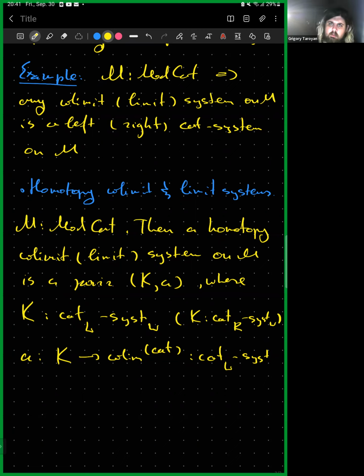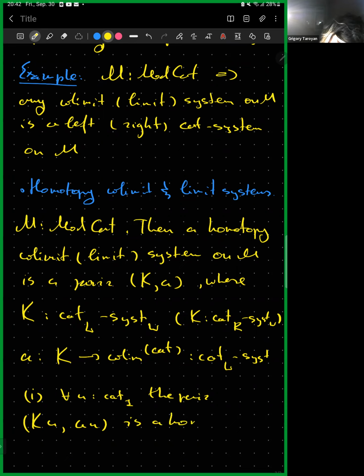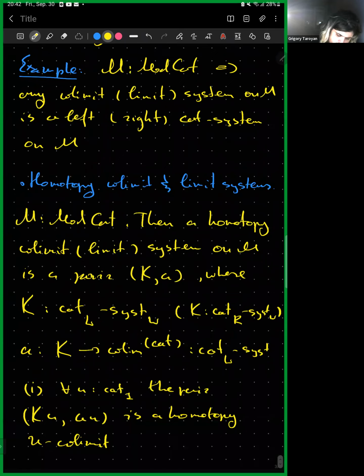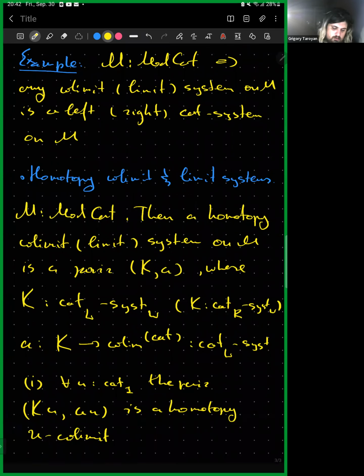Okay, and what are the conditions on this pair? First of all, for any functor U, the pair KU, AU is a homotopy U colimit, or U limit if we're considering a limit system.